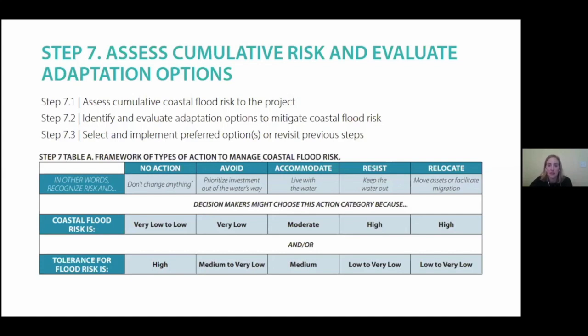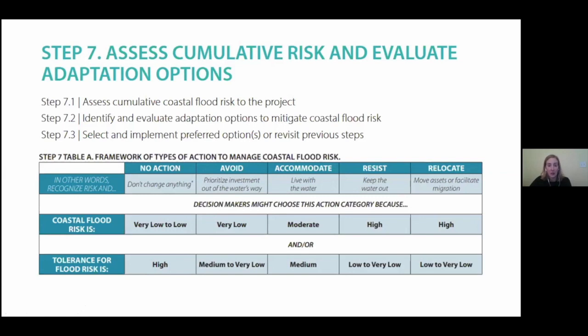So step 7, table A, describes 5 types of action that decision makers should consider. And thinking back to the guiding principles, remember it's important to at least consider the full suite of actions available before picking what you think is the best alternative. The 5 options include no action, avoid, accommodate, resist, and relocate.